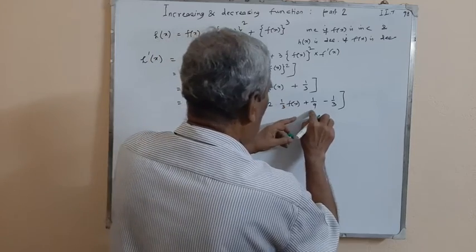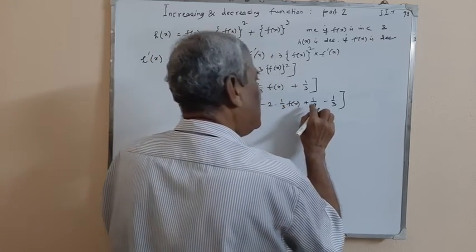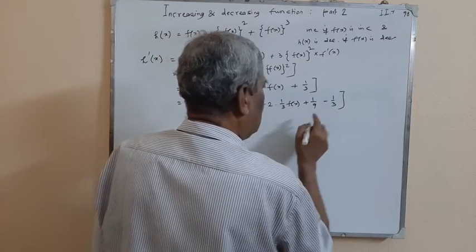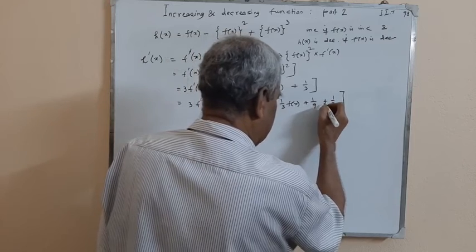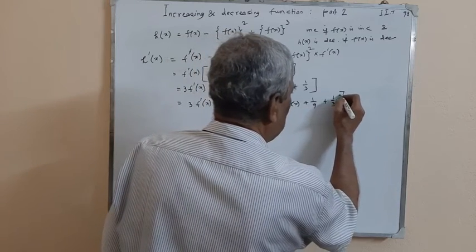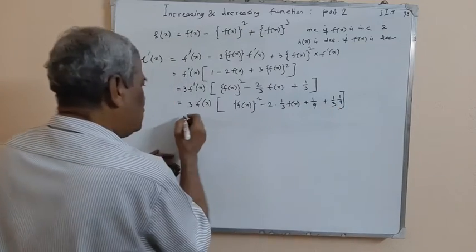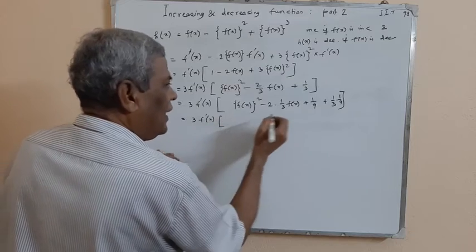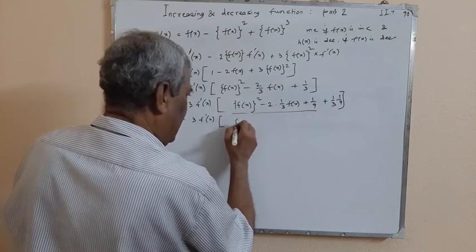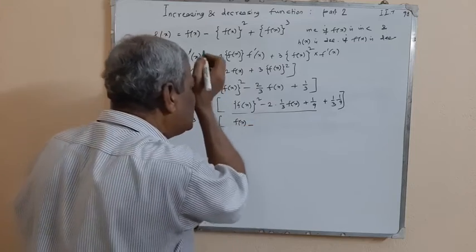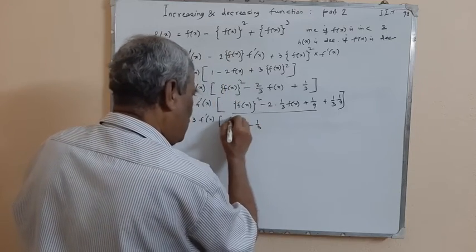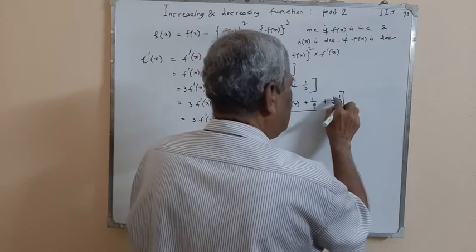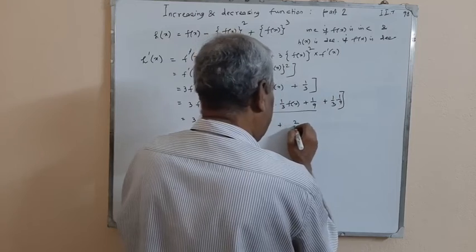I have taken this 1 by 9 extra to make it a perfect square up to this, so we have to adjust it. It is 1 by 3 minus 1 by 9. So that it is equal to 3 into f dash x into f(x) minus 1 by 3 whole square, and together 3 minus 1 is plus 2 by 9, positive.